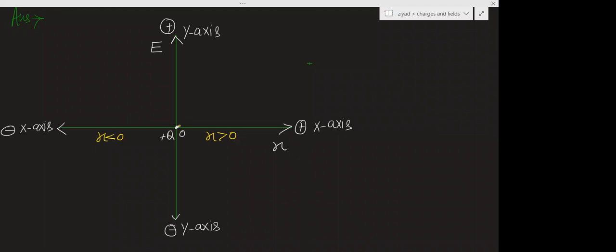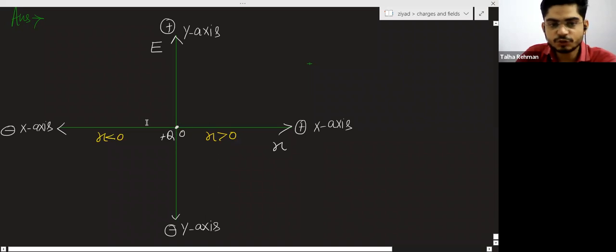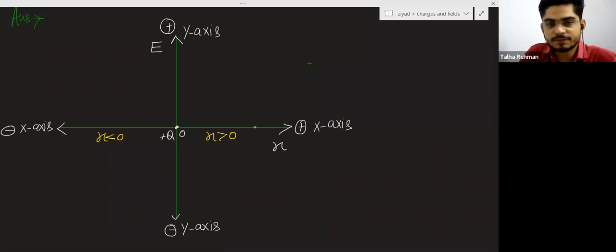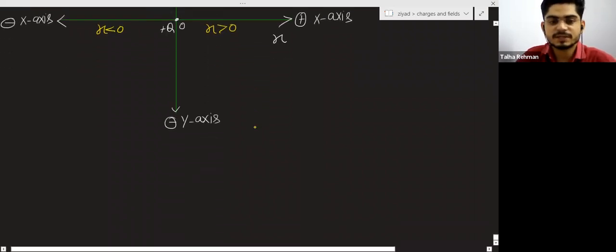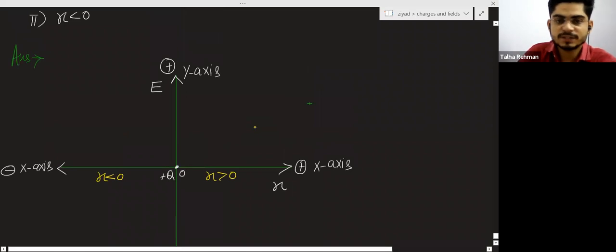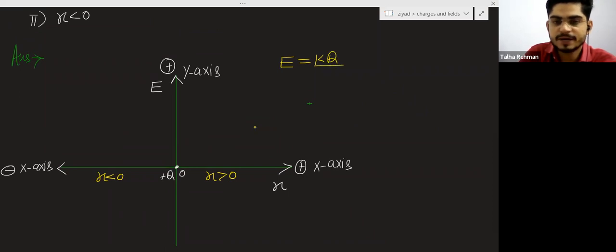For that, first we should know the value of electric field due to this positive charge. We have already discussed that due to the charge, the electric field is given by kq divided by x square. I have replaced r with x.